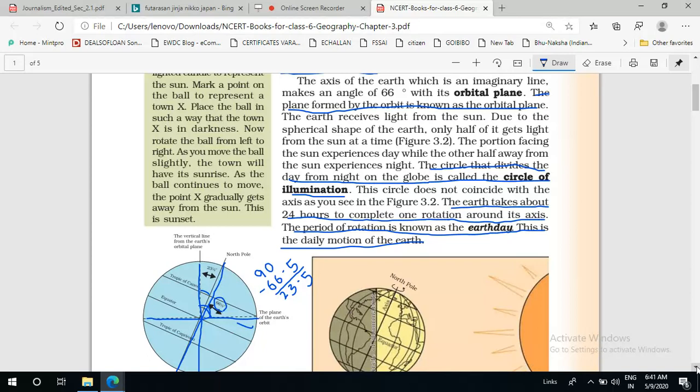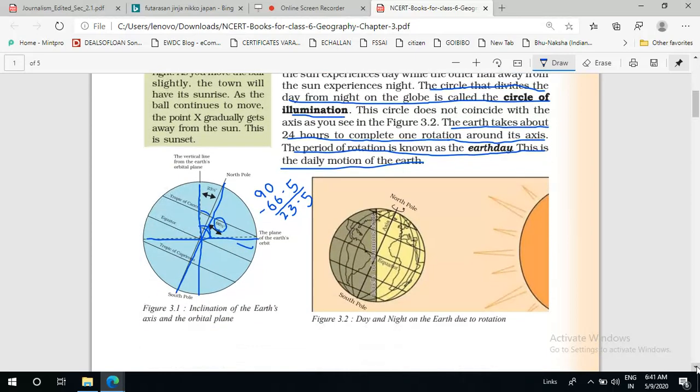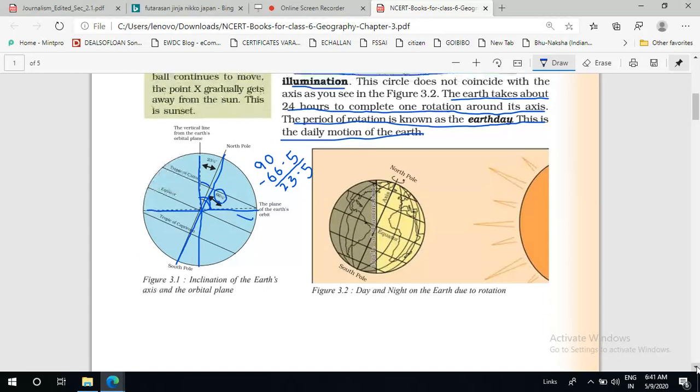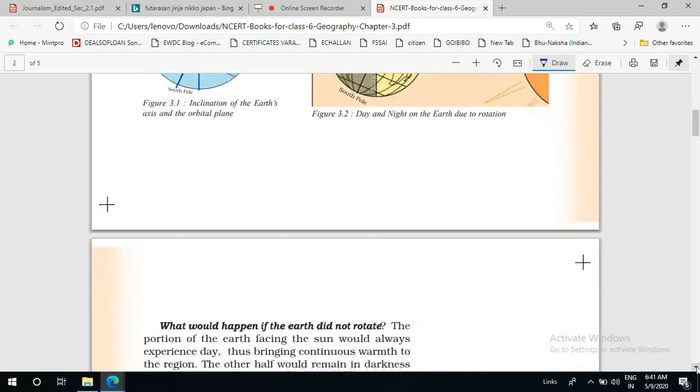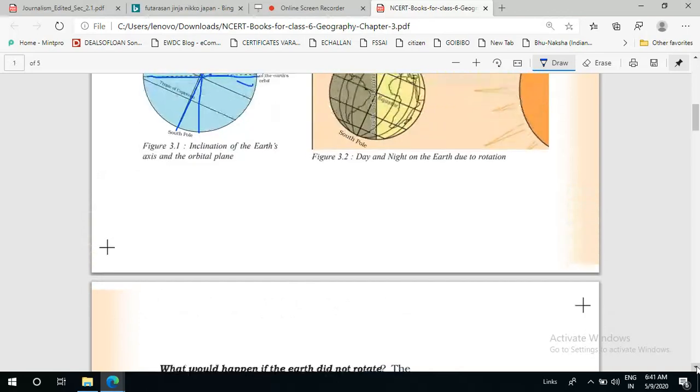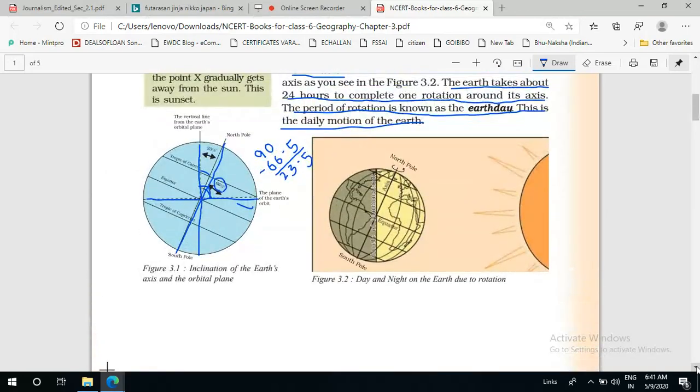Okay, now we will think of a situation when the earth stops movement. Suppose the earth is not moving around its axis. The rotation of the earth has been stopped. Now the earth is not moving around its axis. Then in that case, what will happen? If the earth stops moving around its axis, then what will happen?